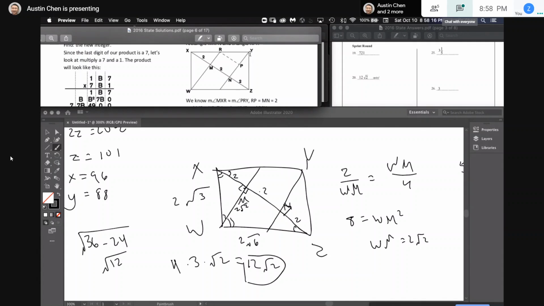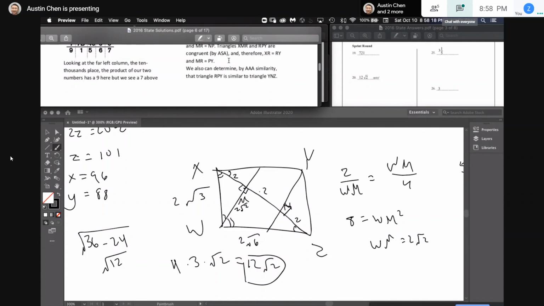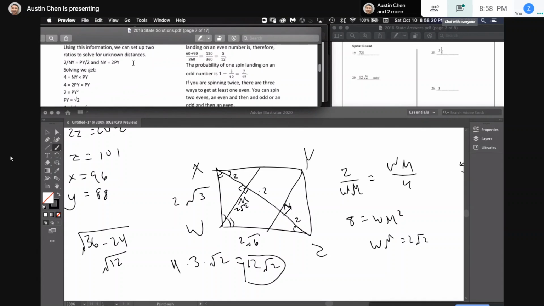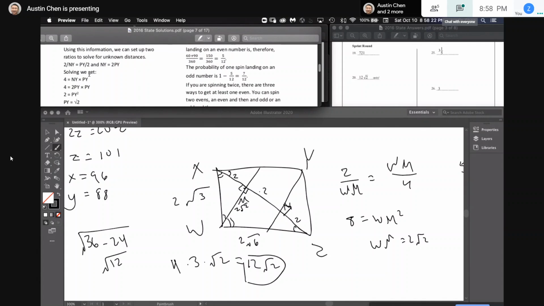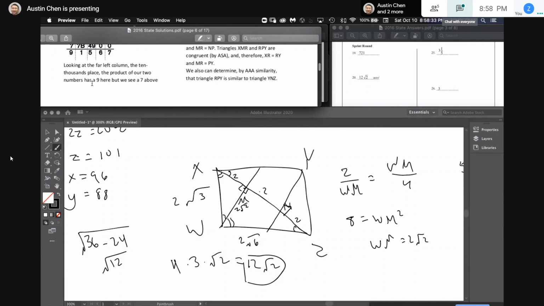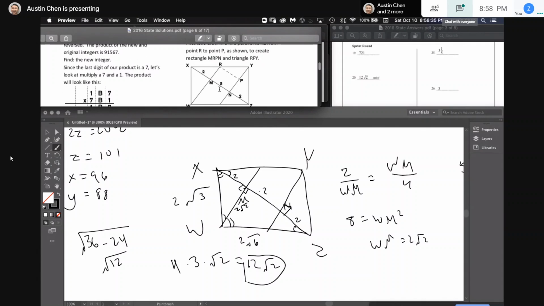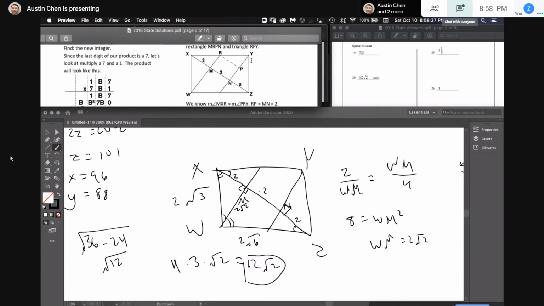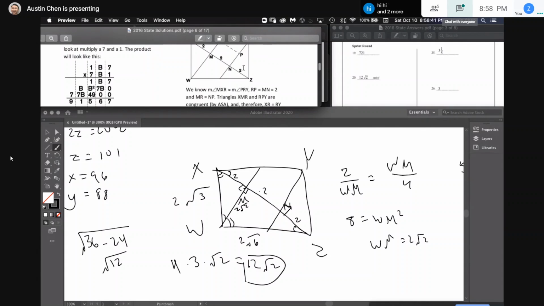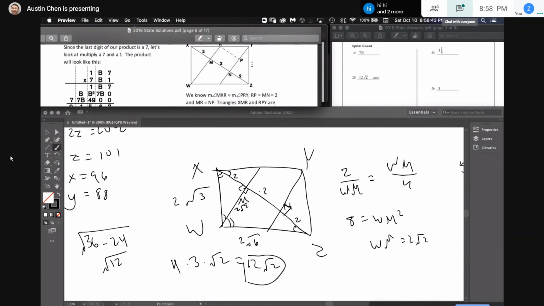Then NY equals 2PY, and then what is this? If NY is 2PY, then you can use the Pythagorean theorem there.